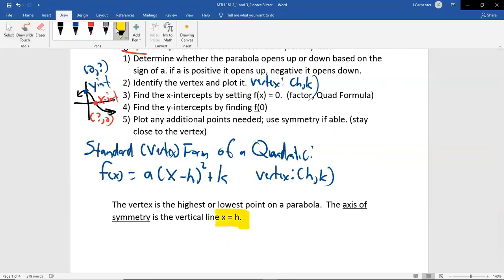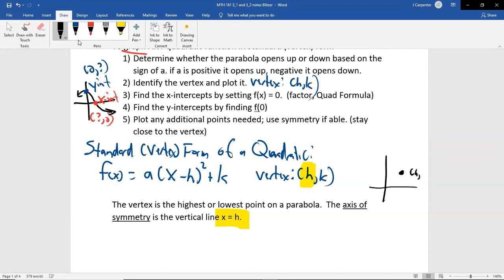It's vertical because it's x equals a number, and whatever the x value of the vertex is, that's what the number has to be to make it symmetric, because that's where the vertex is located.